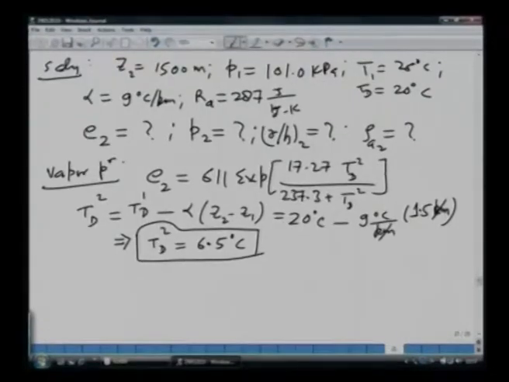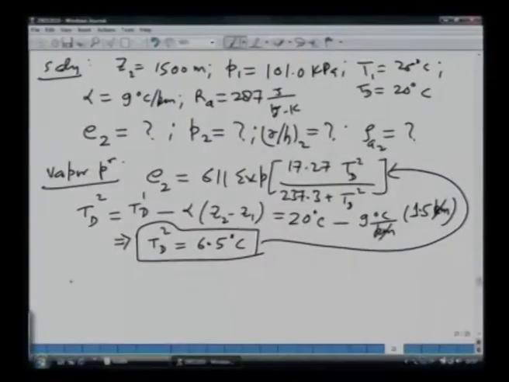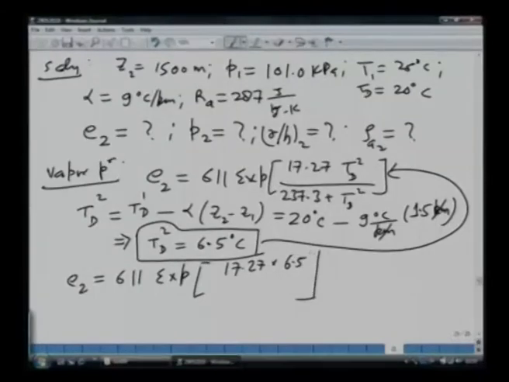Now, how can we find the vapor pressure? Well, we already have the equation. So, we put this value of T2d into this equation, and we should be able to find the vapor pressure at height 2. So, E2 is 611 e to the power of 17.27 times 6.5 over 237.3 plus 6.5. Remember, in this equation we put the temperature in degrees centigrade, and E2 will come out in pascals.